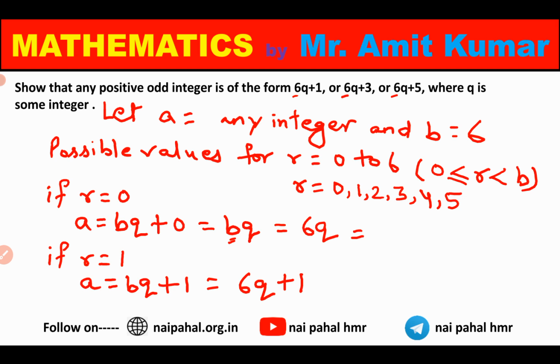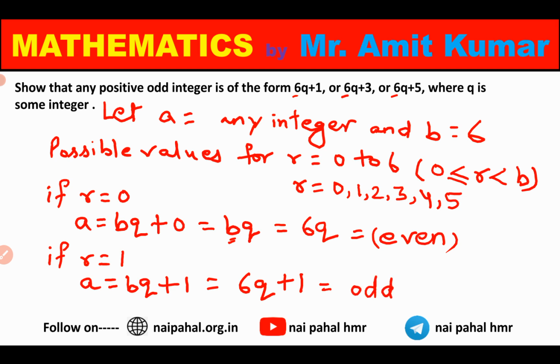Which type of integer does it come out as? Even integer. If we take q as 1 or 2 or 3, 6 times 1 is 6 plus 1 is 7. If we take q as 2, 6 times 2 is 12 plus 1 is 13, 6 times 3 is 18 plus 1 is 19. Then it always comes out odd.